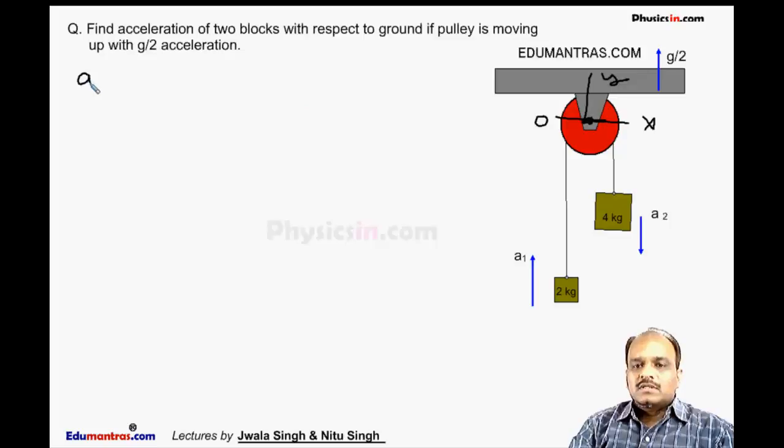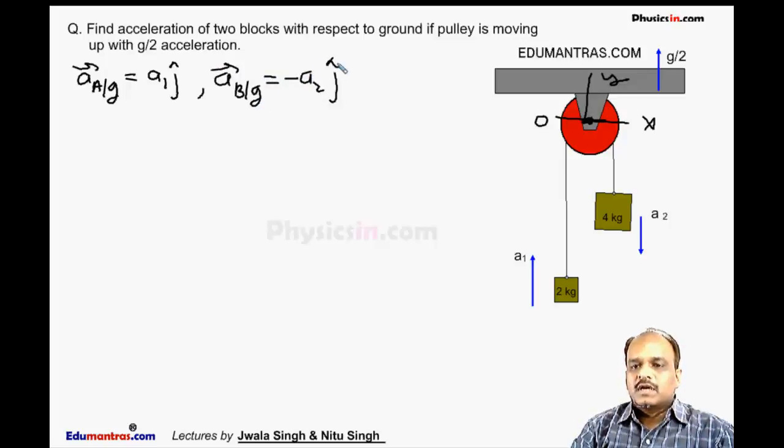So the acceleration of block A with respect to ground is given, it is a1 j cap. Acceleration of block B with respect to ground is equal to minus a2 j cap. Acceleration of the observer with respect to ground is g by 2, meaning 5 j cap.